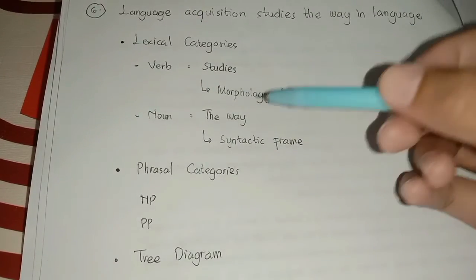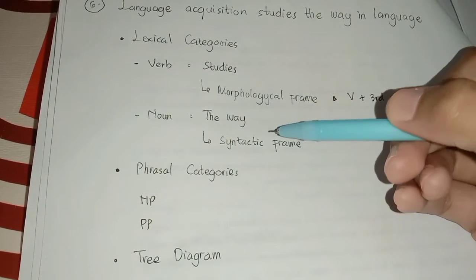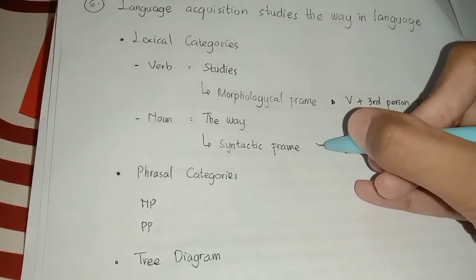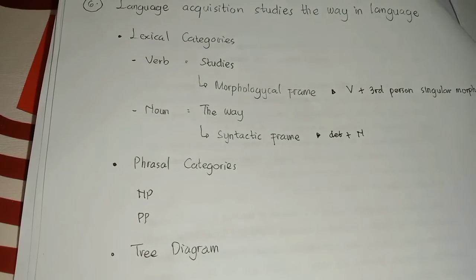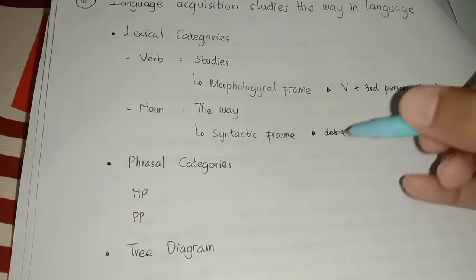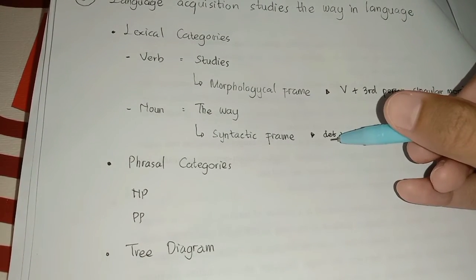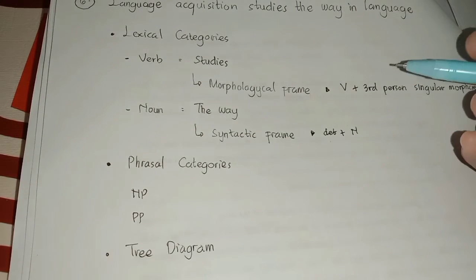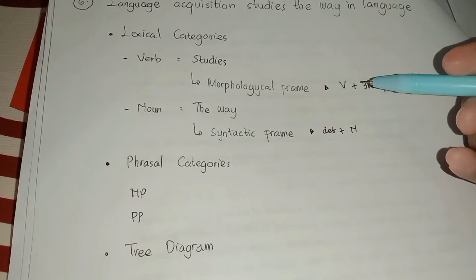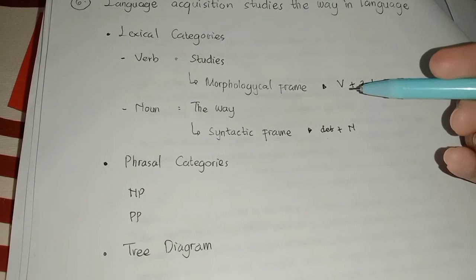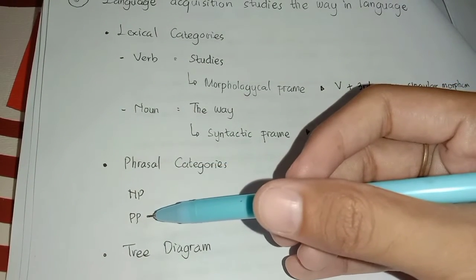For the second one is the way. The way, it's included two syntactic frame because it's formed by determiner plus noun. So that it becomes the way. Determiner is the, noun is way. So that the way is a noun. From the phrasal categories, I found two phrases, namely noun phrase and prepositional phrase.